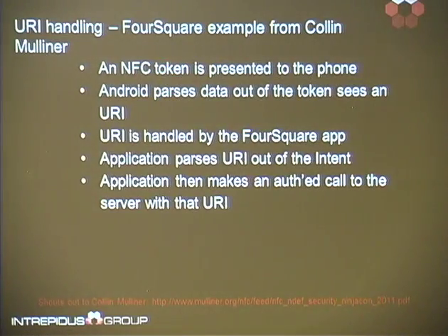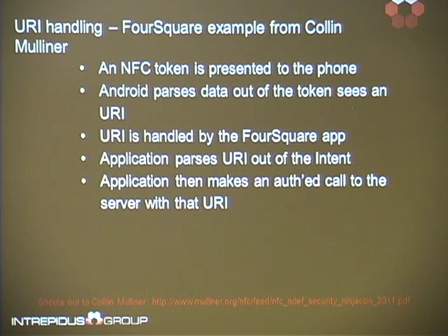The example I wanted to talk about here, a pretty destructive one, or destructive in a funny way, is an example that Colin Mulliner presented, I believe at NinjaCon in 2011. This was a case where an NFC tag was presented to a phone, and the Android system would parse the URI out of the data encoded in the tag.